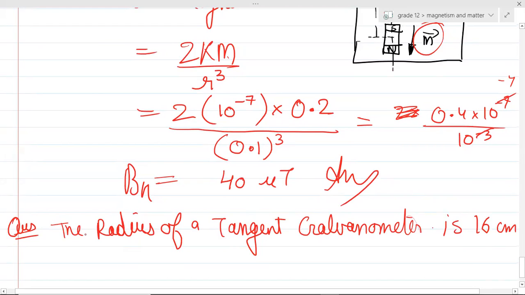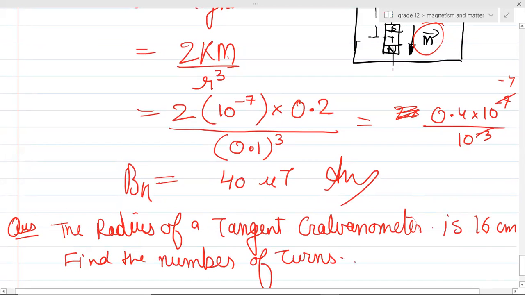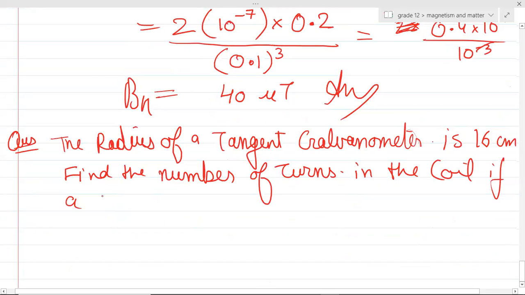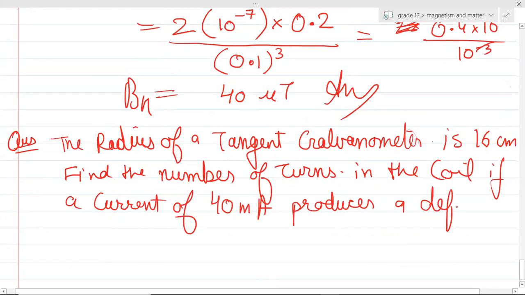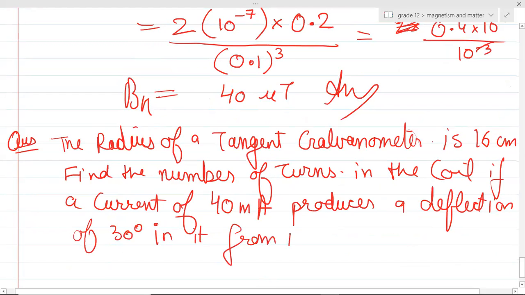Now, the question is, find the number of turns in the coil if a current of 40 milliampere produces a deflection of 30 degree in it from the magnetic meridian.